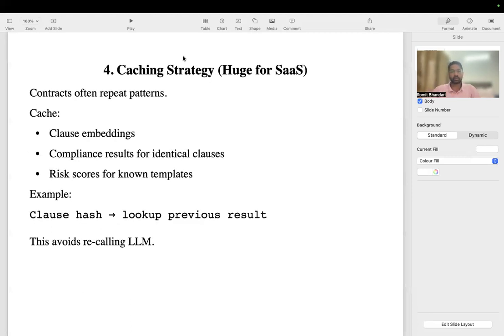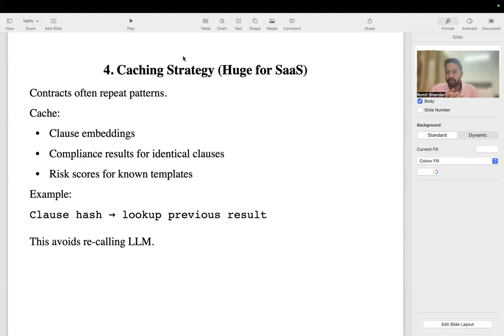Number fourth would be the caching strategy. This is actually very helpful for SaaS based companies, where generally you can basically hash a particular clause text, and then if that clause hash is matching with your new hash, then you can use the previous result.